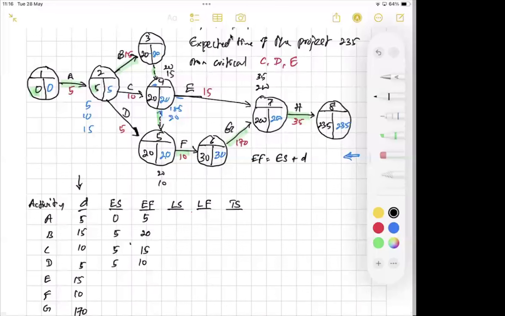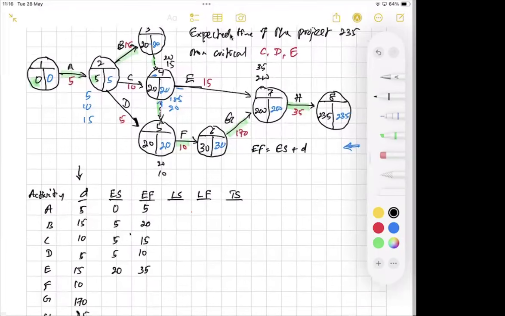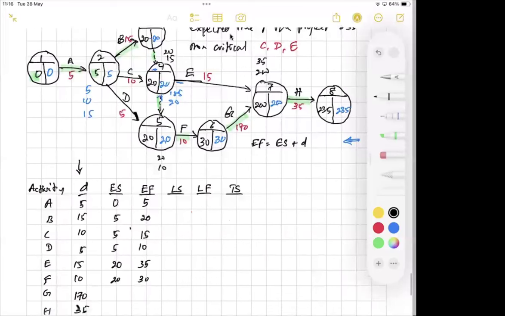Then activity E. What is the tail event? The activity E tail event is event number 4. Left hand side value is 20. 20 plus 15, 35. Activity F, tail event is event number 5. Left hand side value is 20. 20 plus 10, 30.